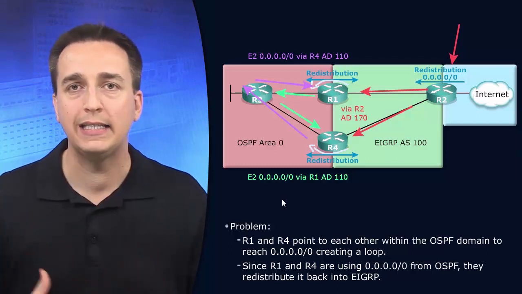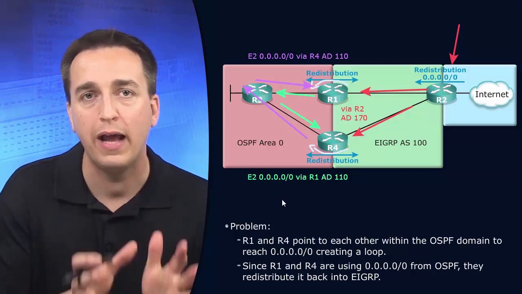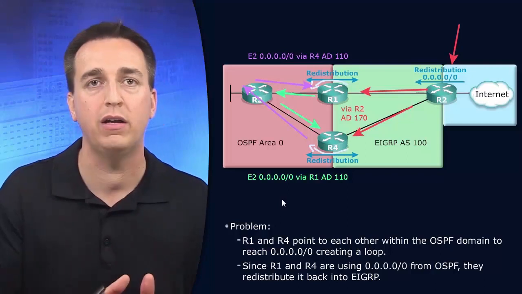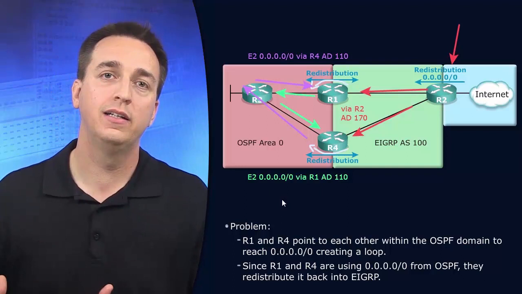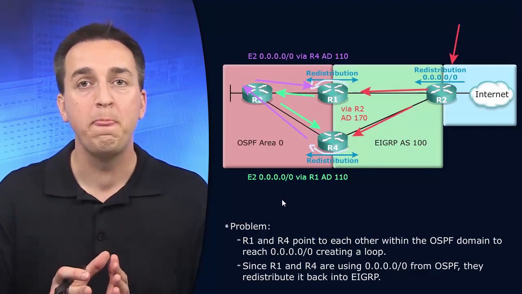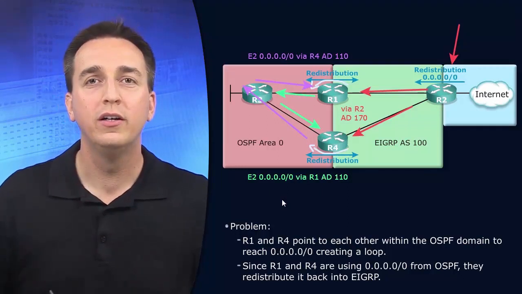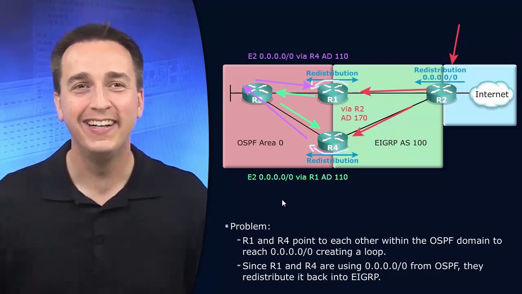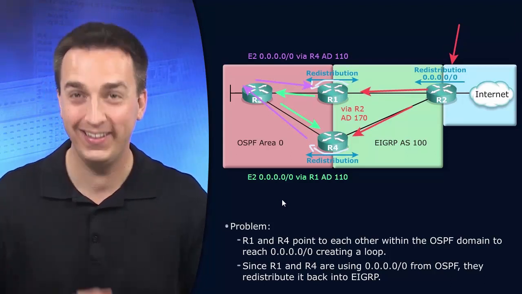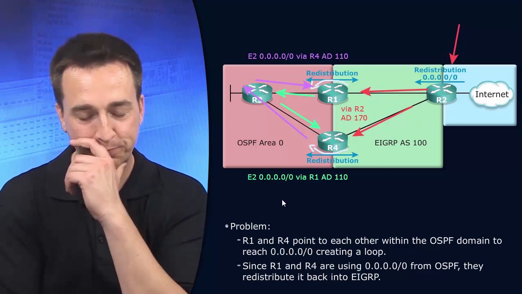R4 does the exact same. It chooses the OSPF route at 110 for the administrative distance versus the EIGRP route at 170. So now R4 and R1 are pointing to each other to reach the internet through the OSPF domain. Yeah, that's not going to happen, right? Nobody's going to get to the internet here.